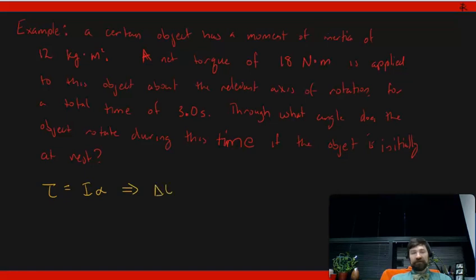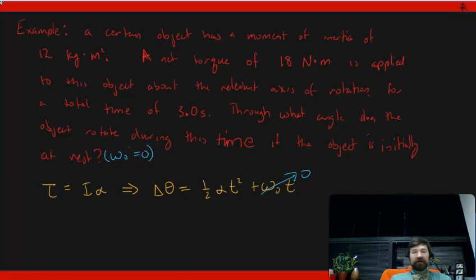And so my delta theta, the angle through which I have rotated, should look like 1/2 alpha t squared plus omega naught t. The object, it says, is initially at rest. So that's equivalent to saying omega 0 equals 0. So this term is 0.